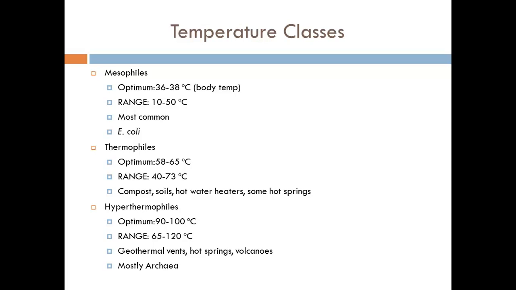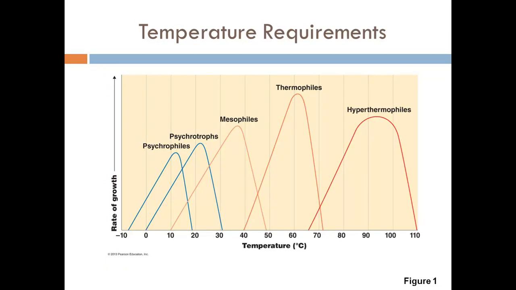Mostly archaea, so usually most archaea are hyperthermophiles. Thermophiles and hyperthermophiles do not cause disease because they freeze at body temperature. So here's another picture showing you temperature versus the rate of growth. So different temperatures in the different classes.